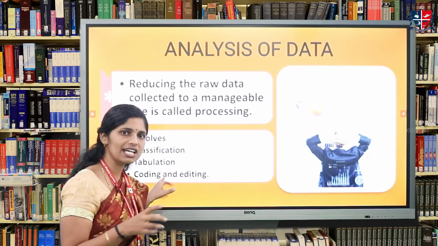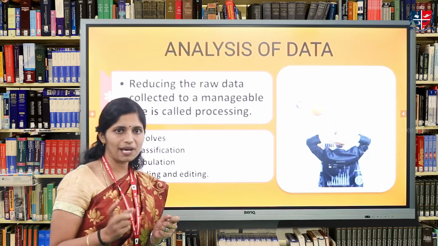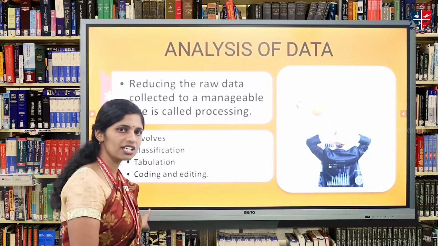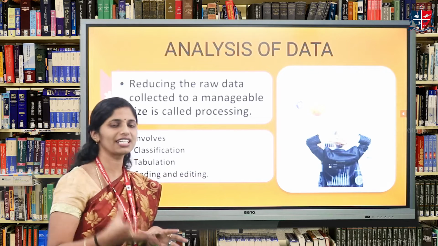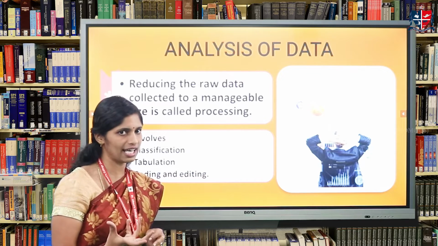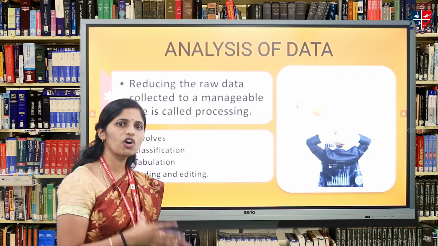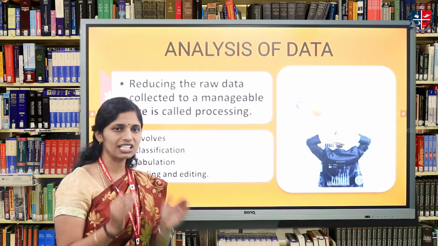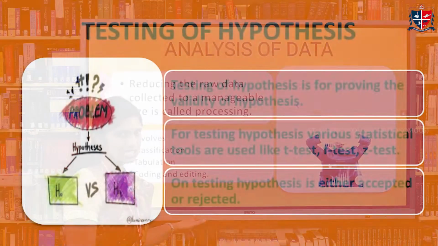When we put that data in a tabular form for easy understanding or for comparison, that process is known as tabulation. Coding is a process of converting the data into symbols or numbers for easy recognition or analysis, that is coding. And editing involves removing all unwanted data or irrelevant data and taking what is required. That process is known as editing.